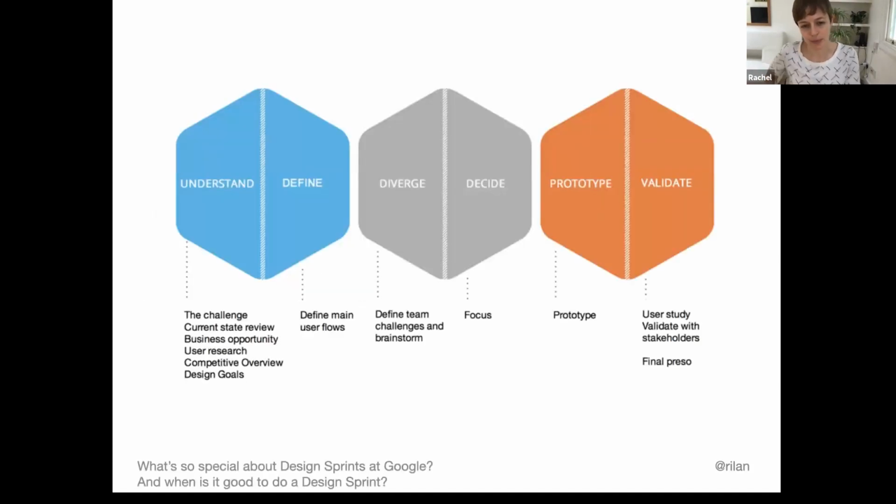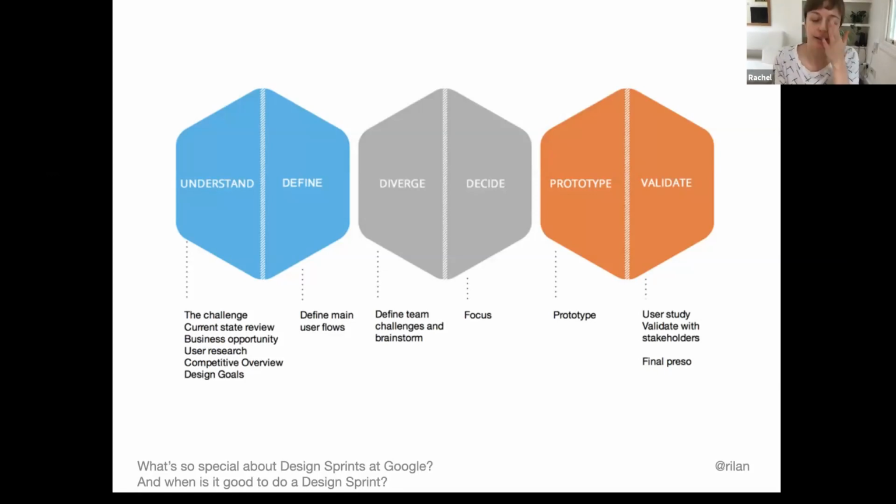Okay, so what exactly is the structure here? What should it look like? Well, again, it's very similar to the image I showed earlier, which I actually think is from IDEO or maybe Frog. It's fairly straightforward. You start by understanding the problem.